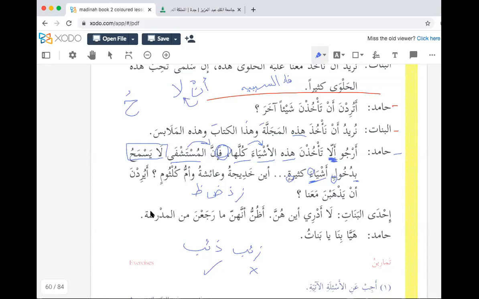That's a big sign that this is mudaf. Ashya'a is mudafun ilayhi, majroor, wa alamatu jarrihi al-fatha, لأنه ممنوع من الصرف. And كثيرة, this is نعت, and because أشياء is مجرور, كثيرة also is مجرور.